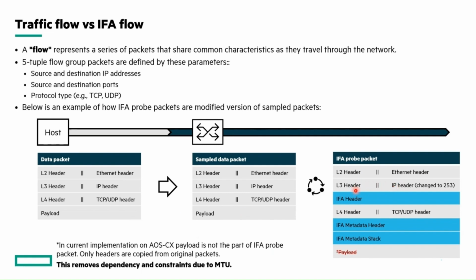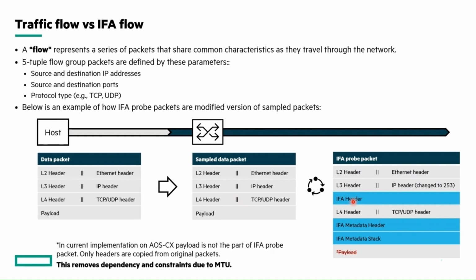So the IFA probe packet will take over the L2 header plus the L3 header from the sampled packet and change the protocol to 253. This will also include the L4 header as well. So all the headers will be taken from the original packet.